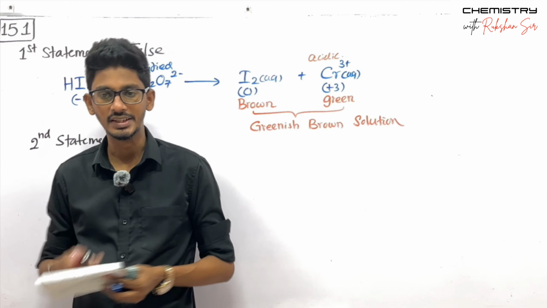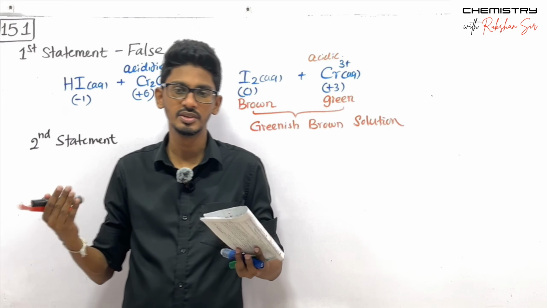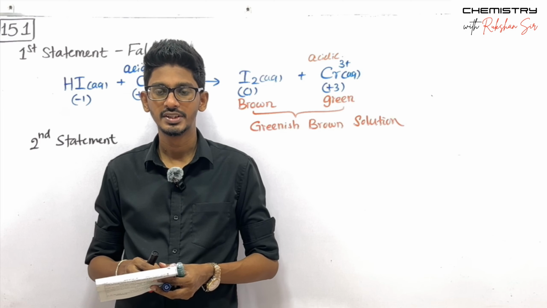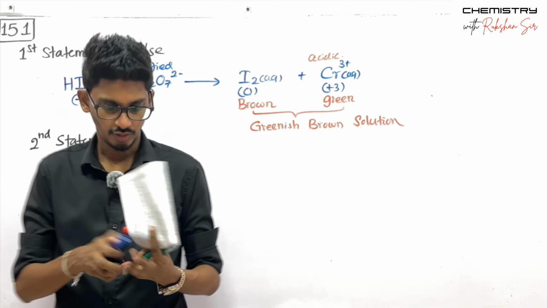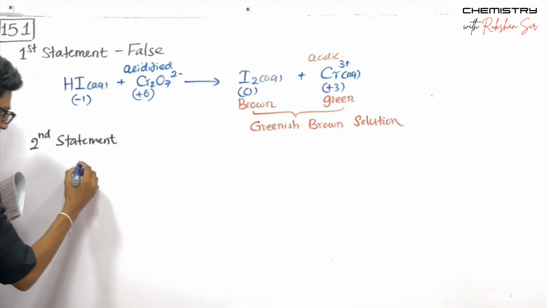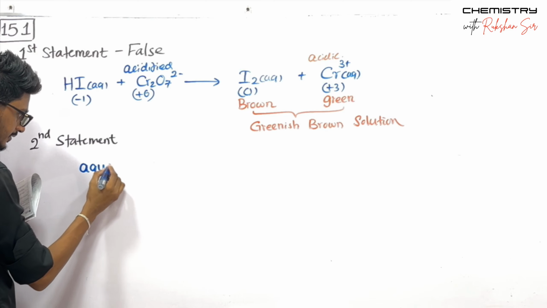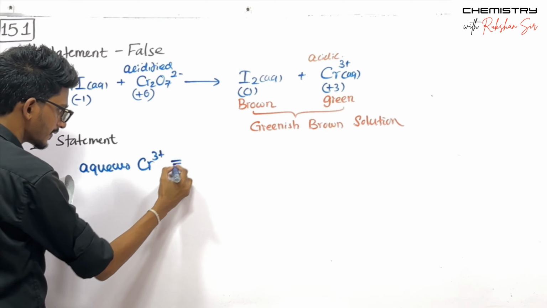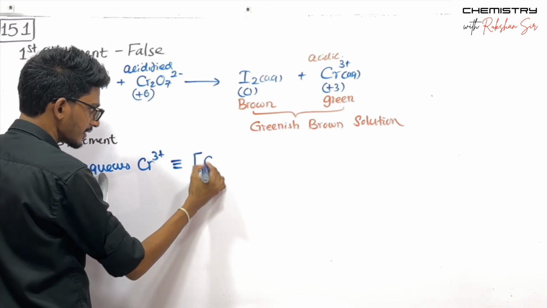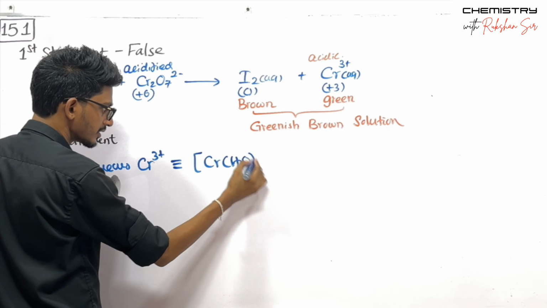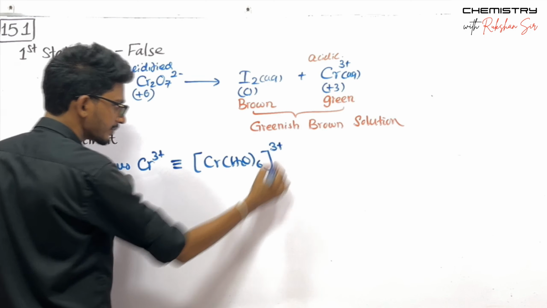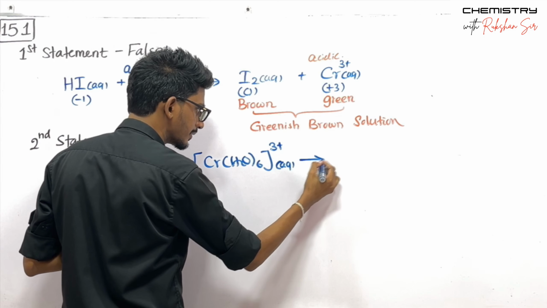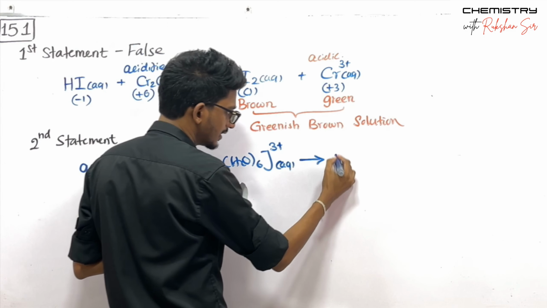The aqueous Cr3+, meaning [Cr(H2O)6]3+, that is purple in color.